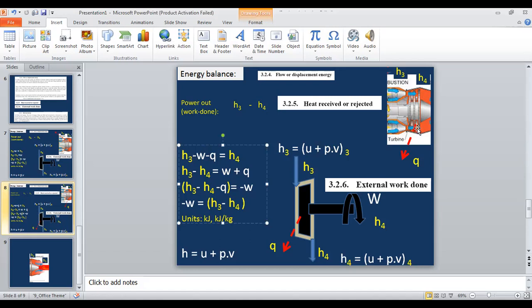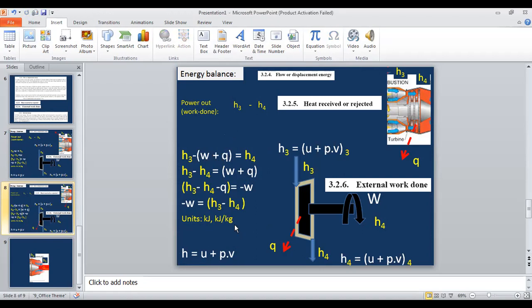The source of this heat loss is the working fluid energy levels. So H3 minus W minus Q. You have to take all release from H3, results H4. Writing in this way may be better. Put some brackets. Okay, good.